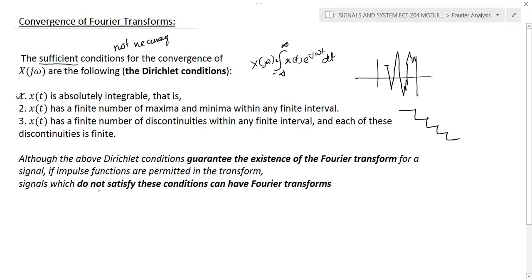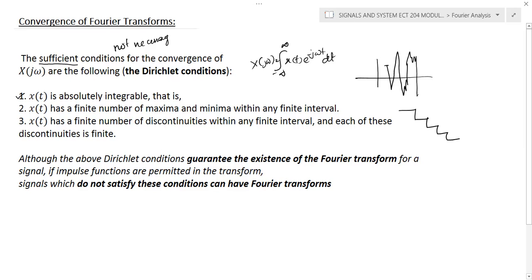So signals which do not satisfy these conditions can have a Fourier transform. We will see some examples later. That's why it's a sufficient condition but not necessary. Without using this equation, with the help of some properties or some other signals, we can find the Fourier transform.